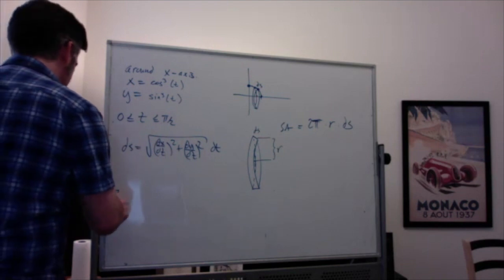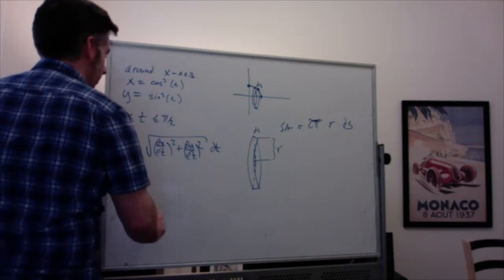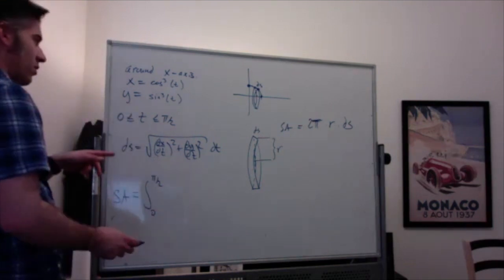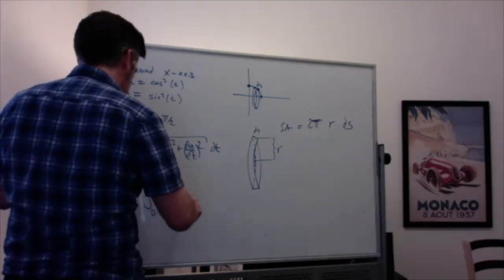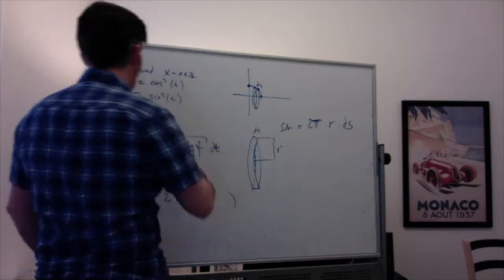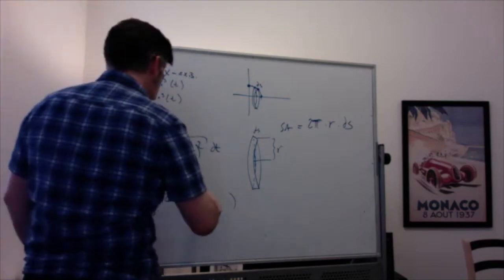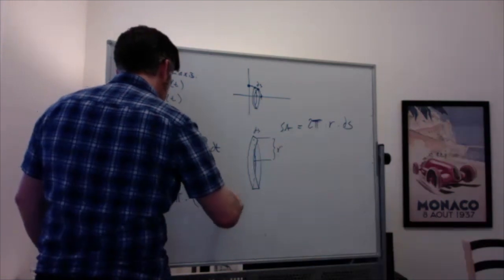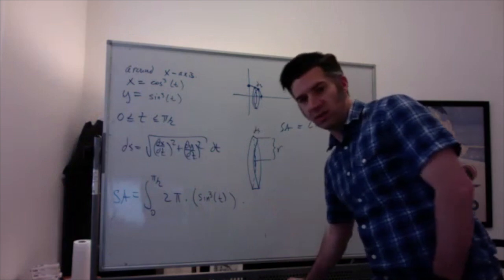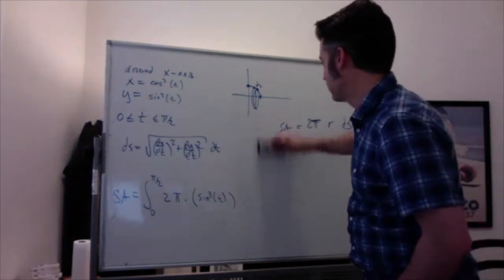So here to find the surface area, it's going to be the integral from 0 to pi over 2 of 2 pi times y, which is sine cubed of t, times your ds, which is the square root of gnarliness.